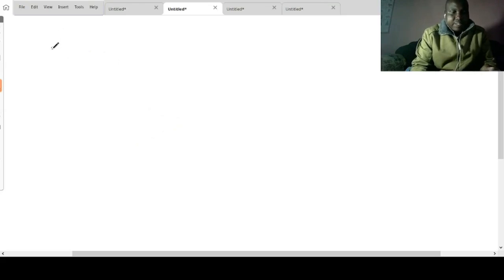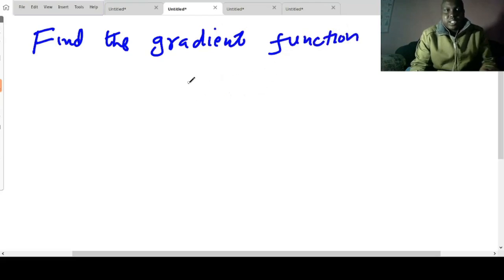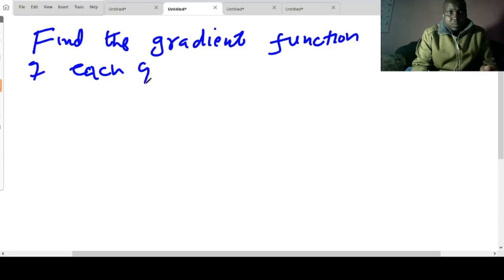Find the gradient function, or somebody can ask you, find the derivative function, the derived function. The derived function and the gradient function are the same thing.